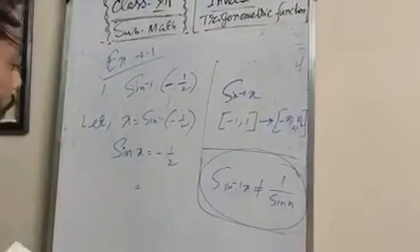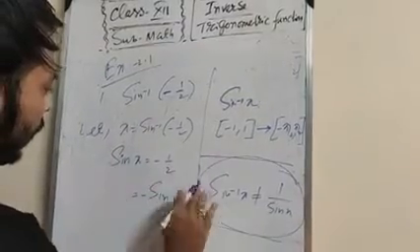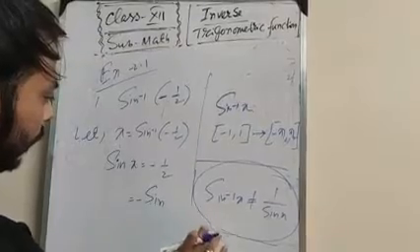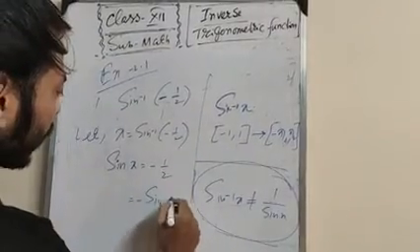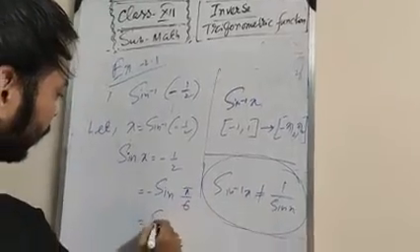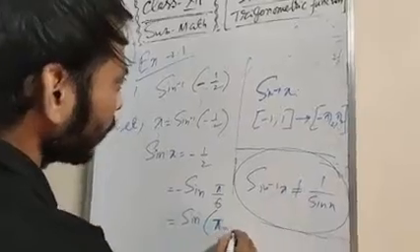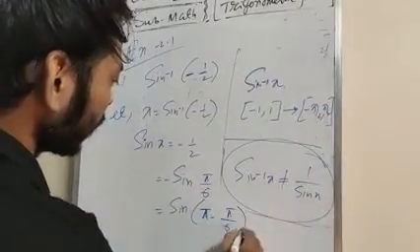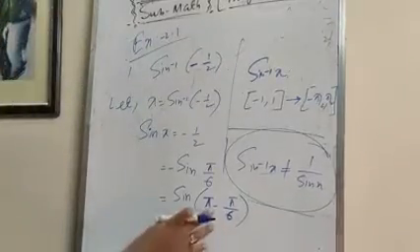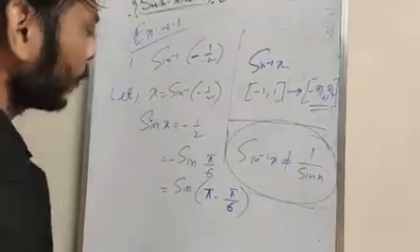Half means sine 30 degrees, which is pi by 6. So for minus, pi minus pi by 6 is 5 pi by 6, which does not lie between minus pi by 2 and pi by 2.